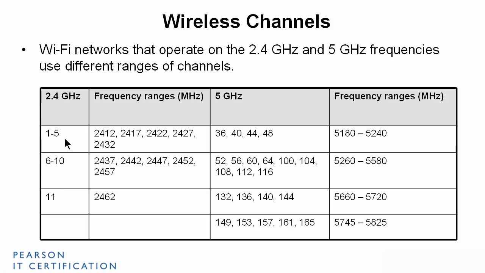Well, you don't want that to be within 1 through 5 because those channels overlap, and you'll get some interference. So you want to put that second wireless access point on either 6 through 10 or on 11. If you have 3 access points, put, say, the first one on channel 1, the second one on channel 6, and the third one on channel 11.